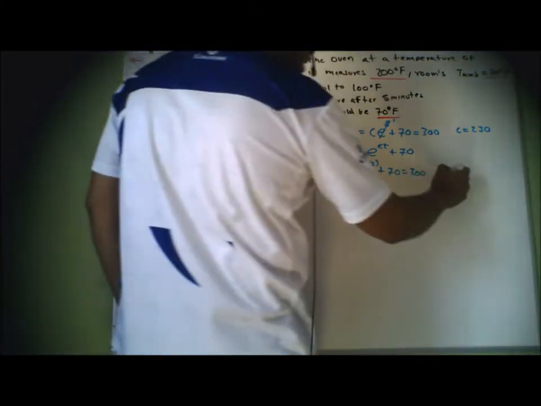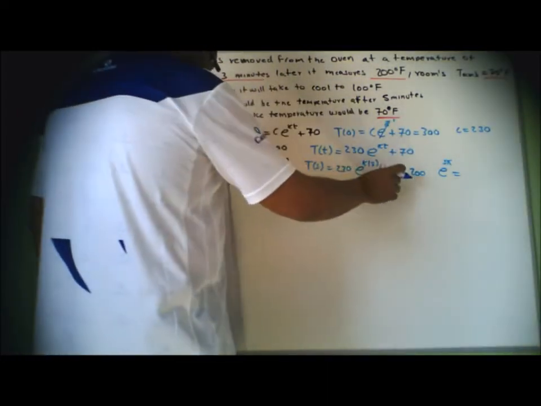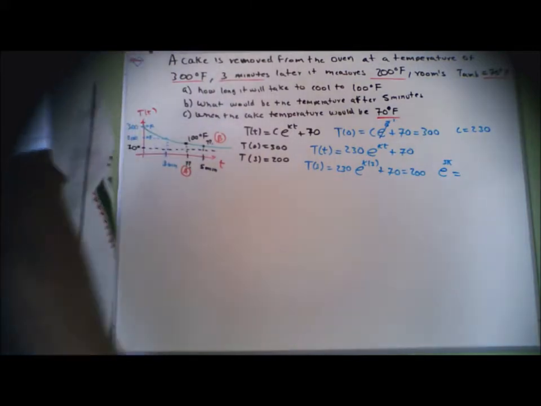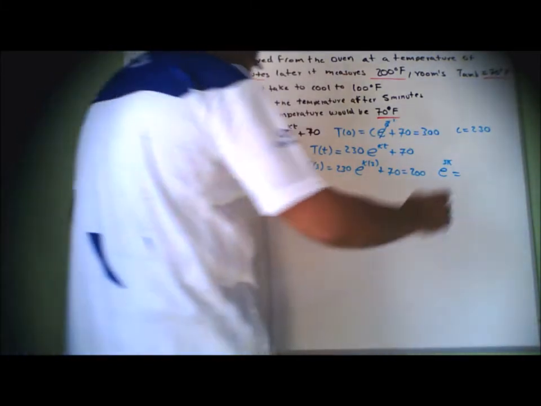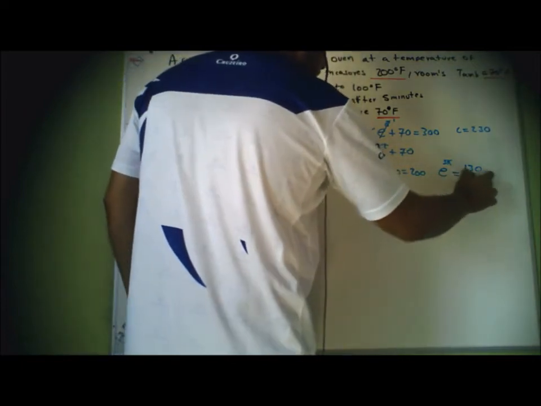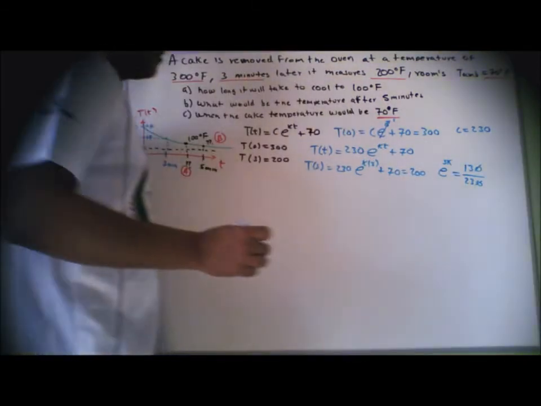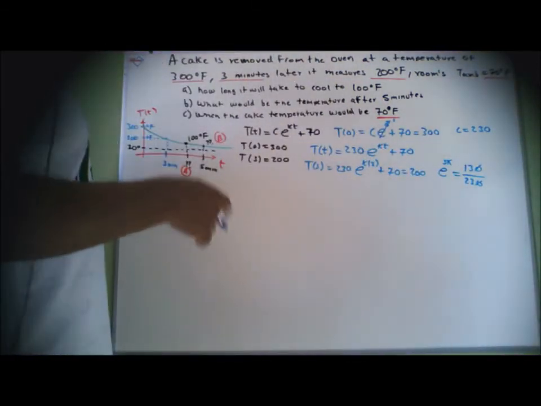So exponential of 3k is equal to what? 70 to the other side, 200 minus 70 is going to be 130, 130 divided by 230. This goes as a division. And we have to clear that k. So we can cancel a 0. And let's apply the natural logarithm to cancel the exponential.